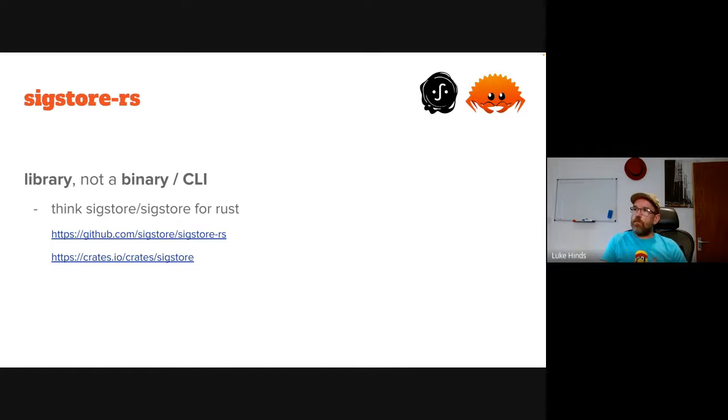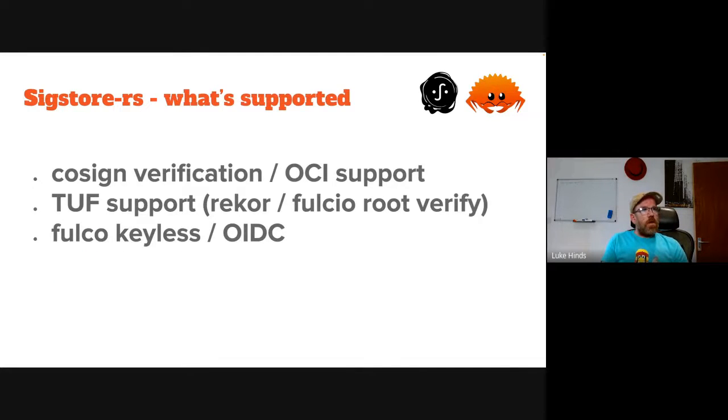Kubewarden, a CNCF project, uses Sigstore. They sign with Cosign and then verify with the sigstore-rs library, because they're doing a lot of work in Rust and WebAssembly. What's currently supported: you can interact with an OCI registry.